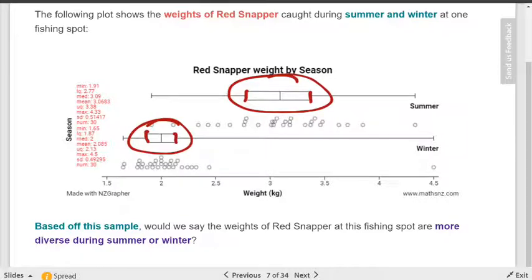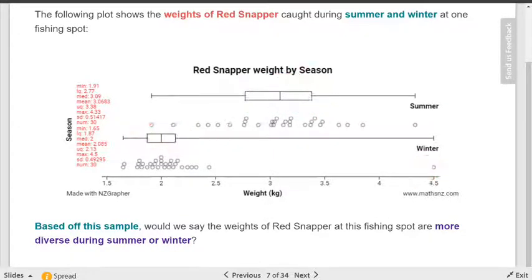So it depends on the value you're looking at. And which one is a more reliable value? The interquartile range, because it stays stable, whereas outliers like this one would have a great effect on the range. Okay? So just a little bit of why we would look at interquartile range instead of the range.